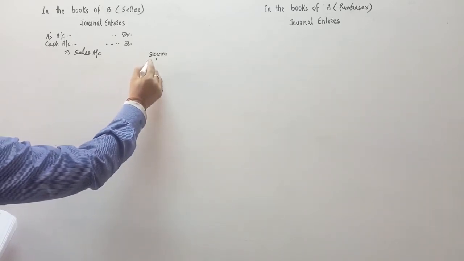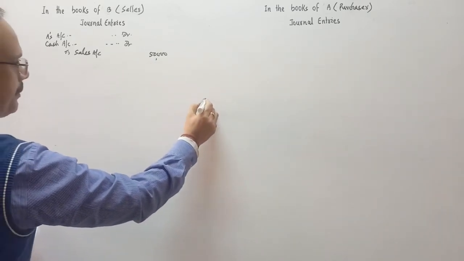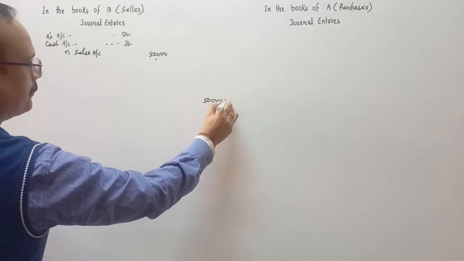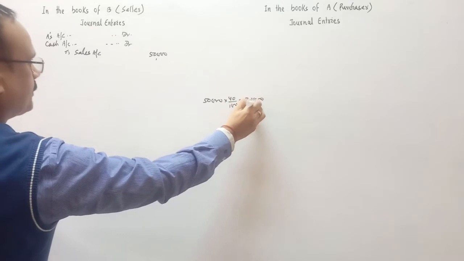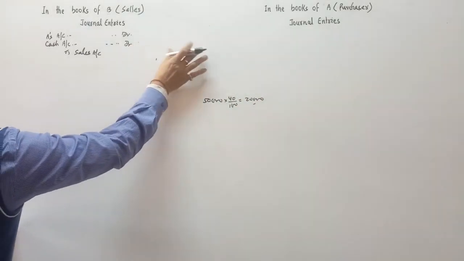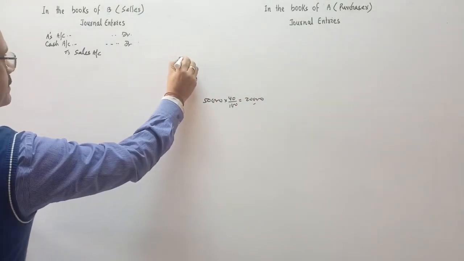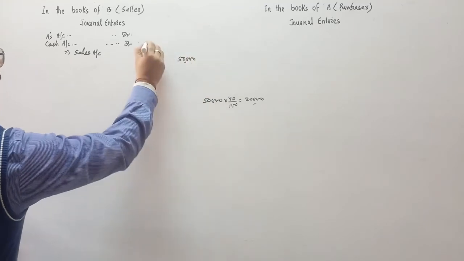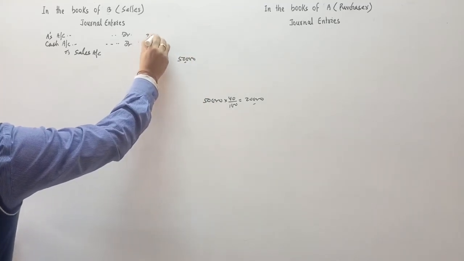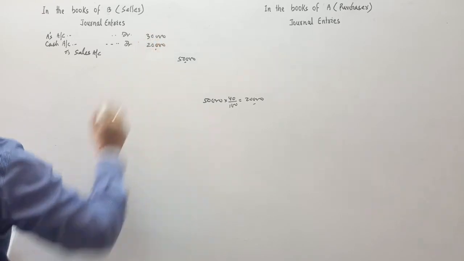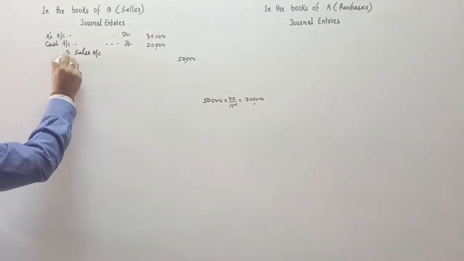40% of 50,000 is 20,000. So 20,000 is received in cash. It means 30,000 is on credit. This entry is clear?